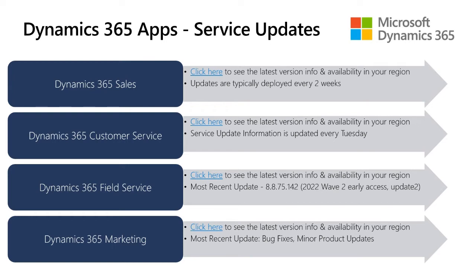So depending on which Dynamics 365 app you're using, there are different articles available that show the different updates. Make sure you take a look at those and see when the next update will be for your specific app, see what features are coming, or if there are any updates or even manual steps. Typically there aren't with these anymore, but you can take a look at all those on the links there.